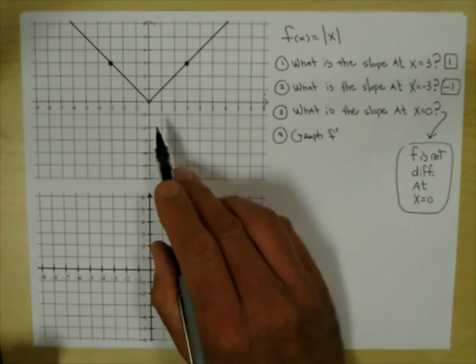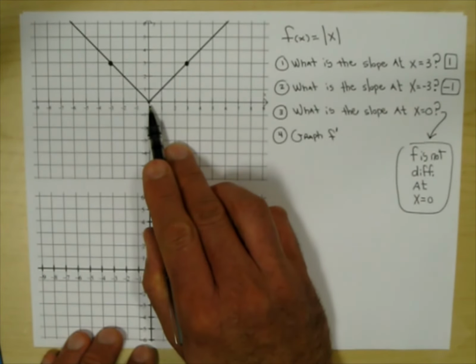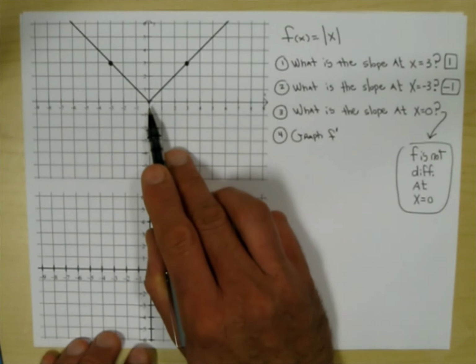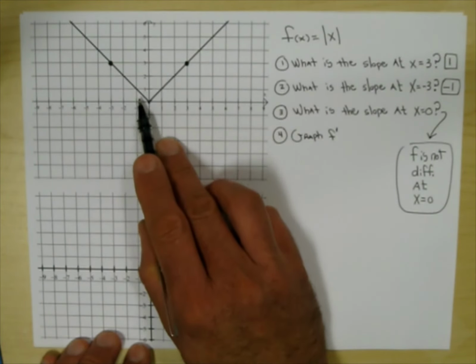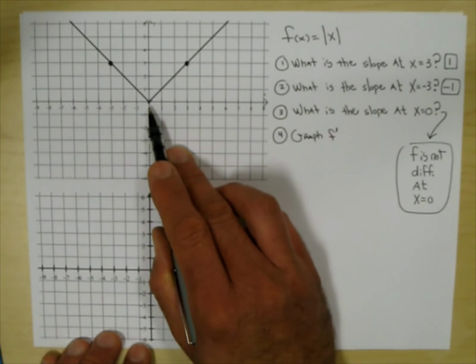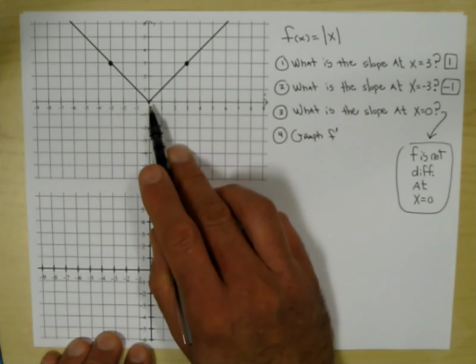You're going to find that whenever you have a corner in the graph, you can't find the slope of a corner. Because it's so weird. Coming from one side, you're going to get one thing. Coming from another side, you'll get another thing. So functions are not differentiable at corners.